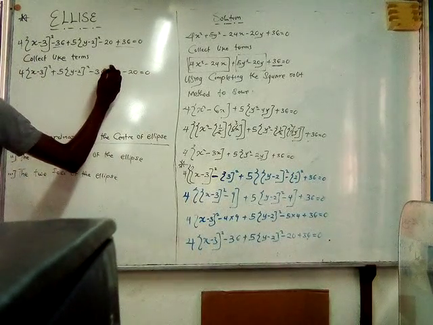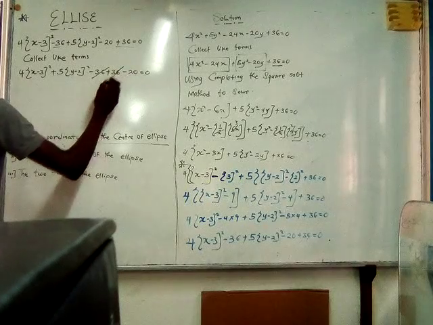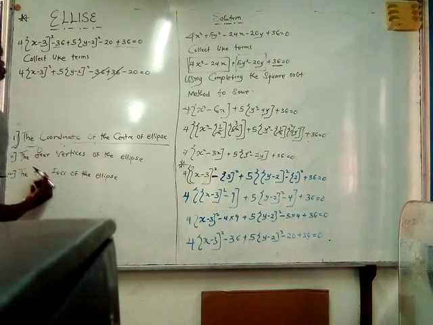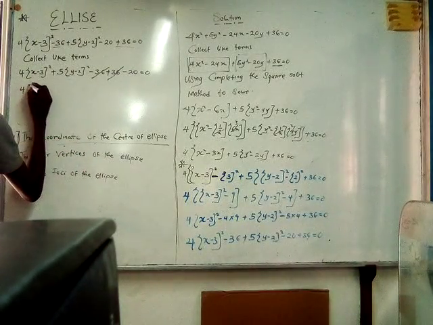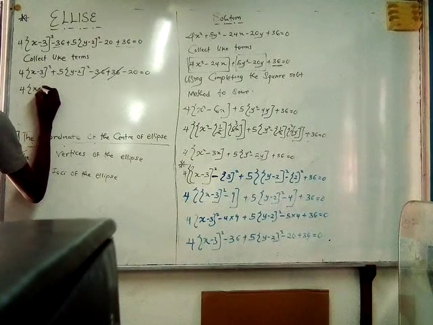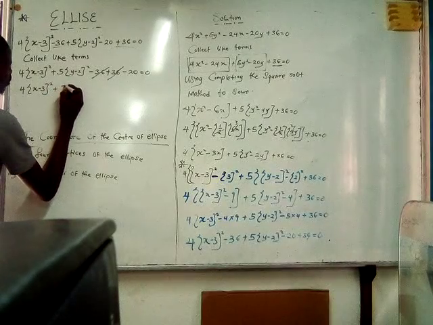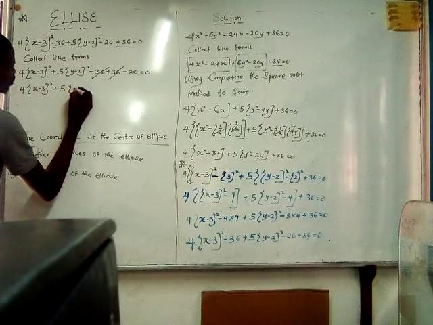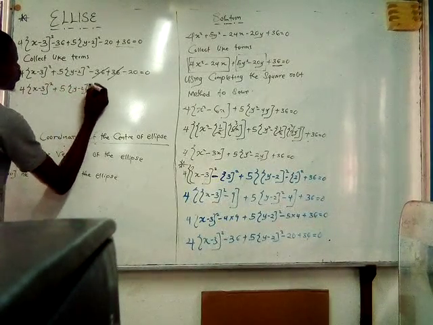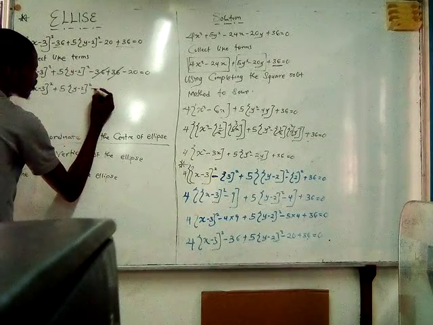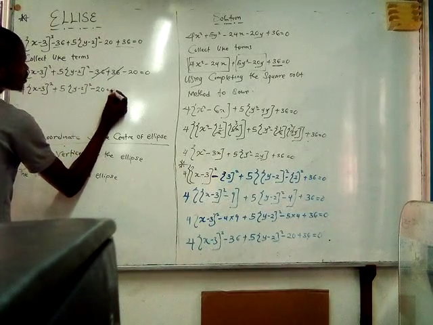Then minus 36 and plus 36 will cancel each other. So we are going to have 4 open bracket x minus 3 raised to power 2 plus 5 open bracket y minus 2 raised to power 2, then minus 20 equals to 0.